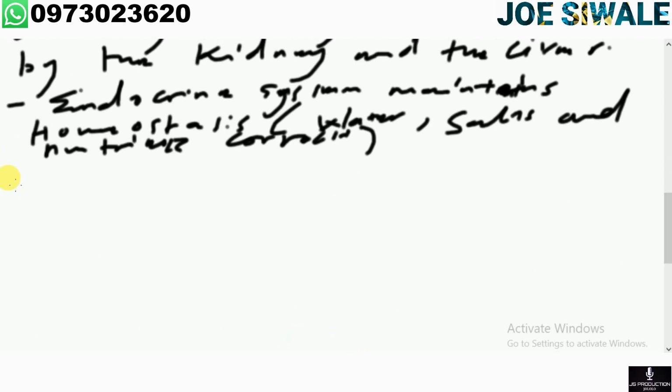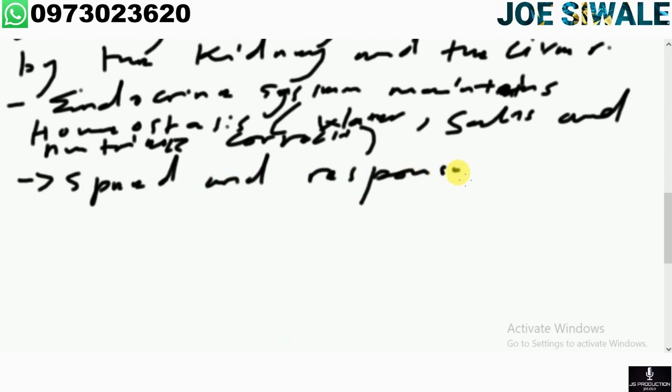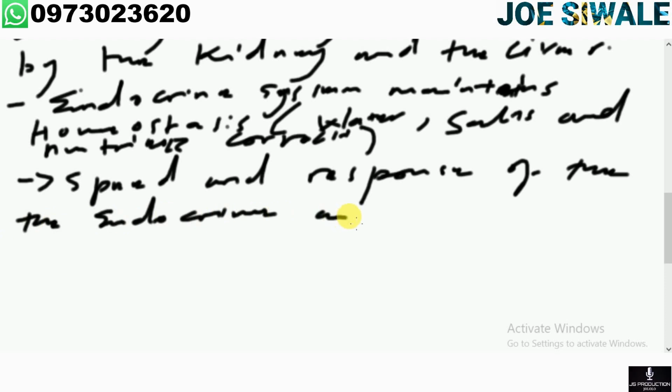So there's a difference in speed and response of the endocrine system and the nervous system. Then let us look at the differences between the endocrine system and the nervous system.